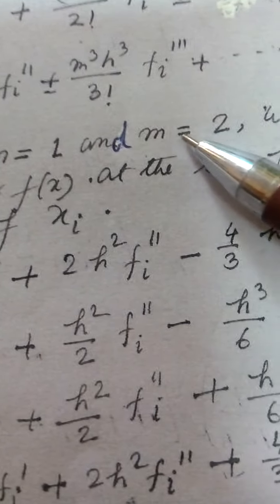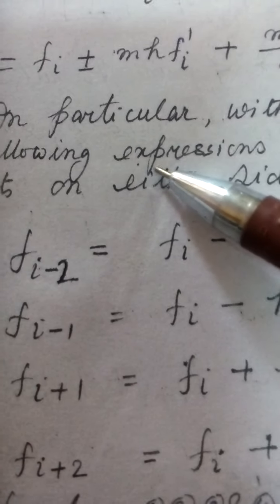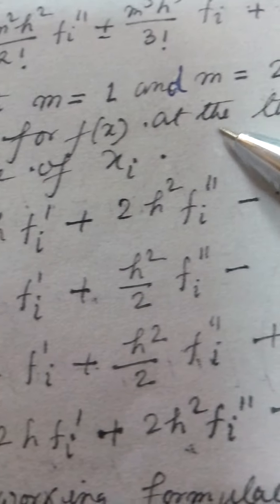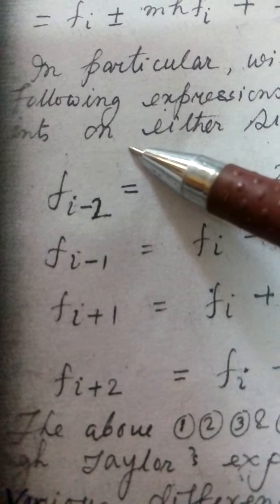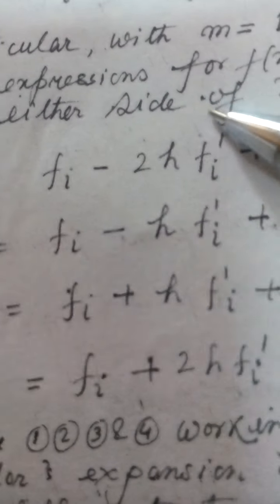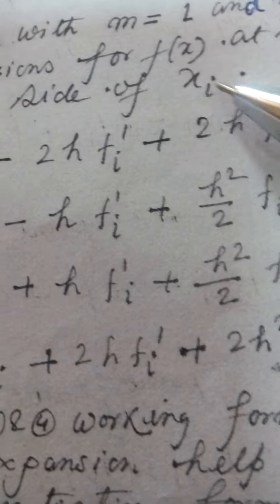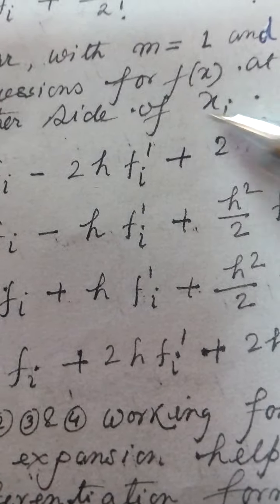In particular, with m is equal to 1 and m is equal to 2, we find the following expressions for fx at the two pivotal points m on either side of xi. Either side means the right side of xi and the left side of xi.